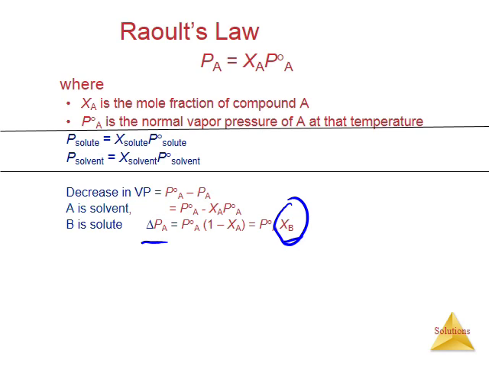So as I increase the number of solute particles, this is mole fraction: number of moles of solute divided by the total number of moles of solute plus solvent. That makes the mole fraction. So as the mole fraction of solute is increased, as you can see, the decrease in pressure is also going to be quite substantial.